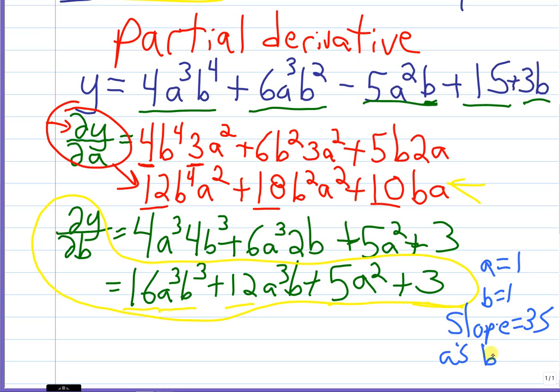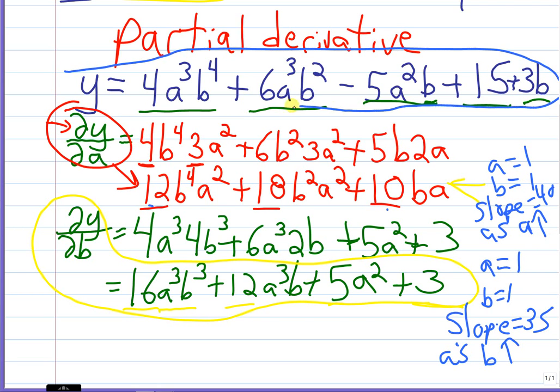As b increases. Here, when a equals 1 and b equals 1, what we would find is that when we added that up, we got 40. The slope would equal 40 as a increases. So, what's the point? Suppose you already had a equals 1 and b equals 1, whatever the context is.